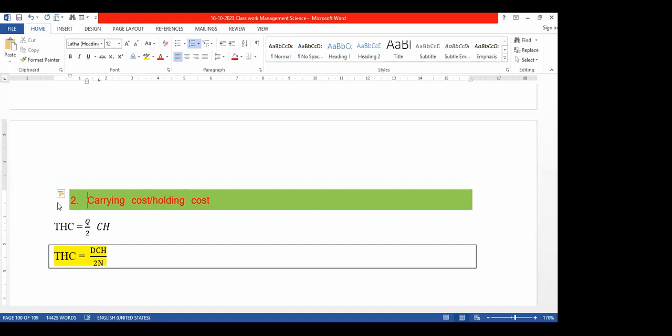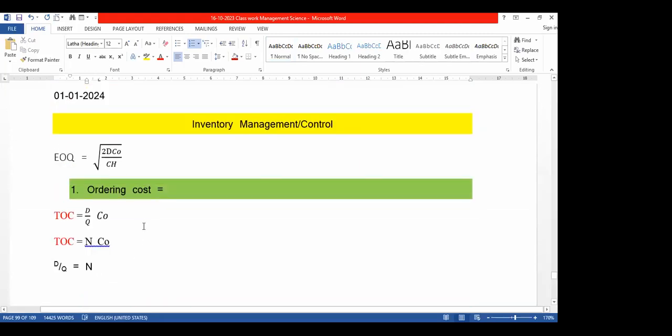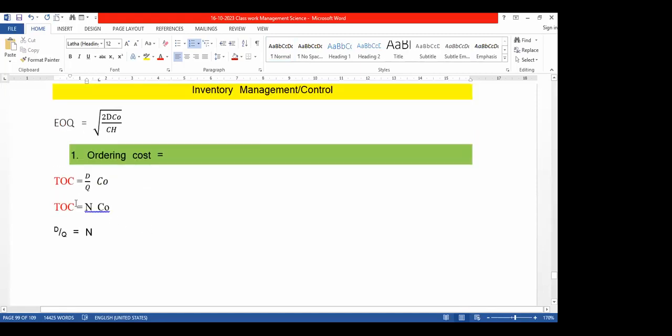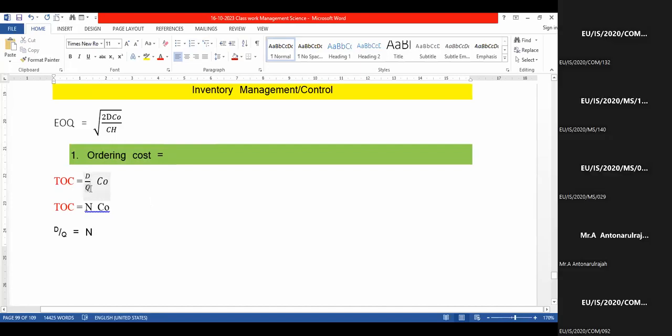Right? So far you have learned about this in A level or other levels, because you know how to calculate total ordering cost, TOC. D, capital D, is annual demand, Q is the EOQ, and CO is the cost per order, right? You know about it.